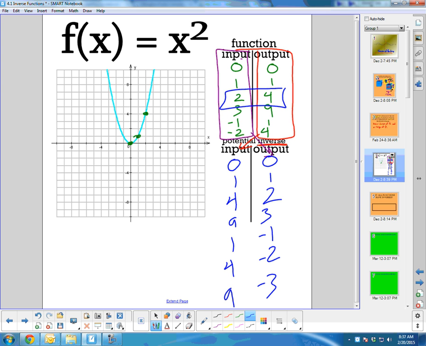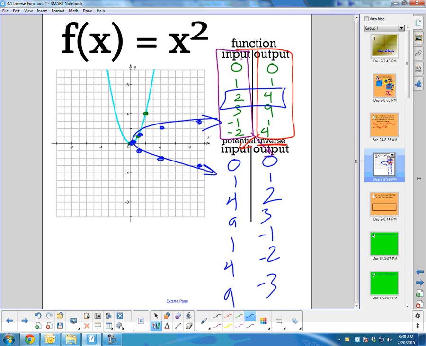Now, if I take those points for the inverse and I plot them, I could have 0, 0, 1, 1, 4, 2, 9, 3, but also 1, negative 1, 4, negative 2, and 9, negative 3. And this is the graph that I would get.